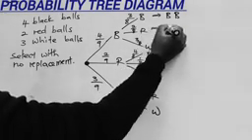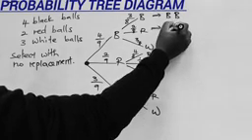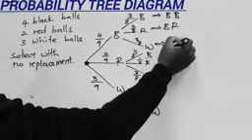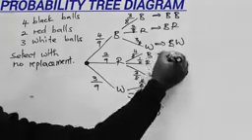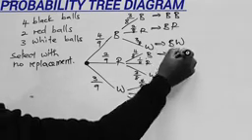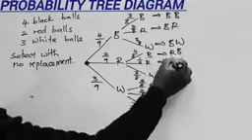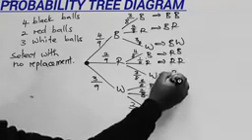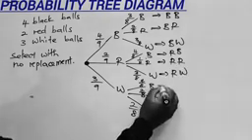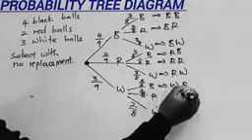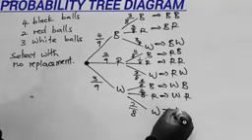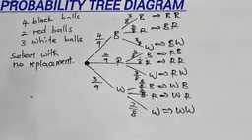Then this one is black followed by red, black followed by white, red followed by black, red followed by red, red followed by white, white followed by black, white followed by red, and white followed by another white. Those are the outcomes that we can get.